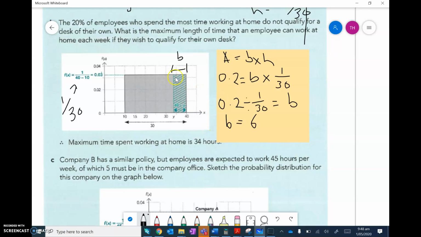Now that's just the width of this part here. So if this is 40 and this has a width of 6, this Y value is going to be 40 minus 6. So Y equals 34. So the maximum time spent working at home is 34 hours a week.